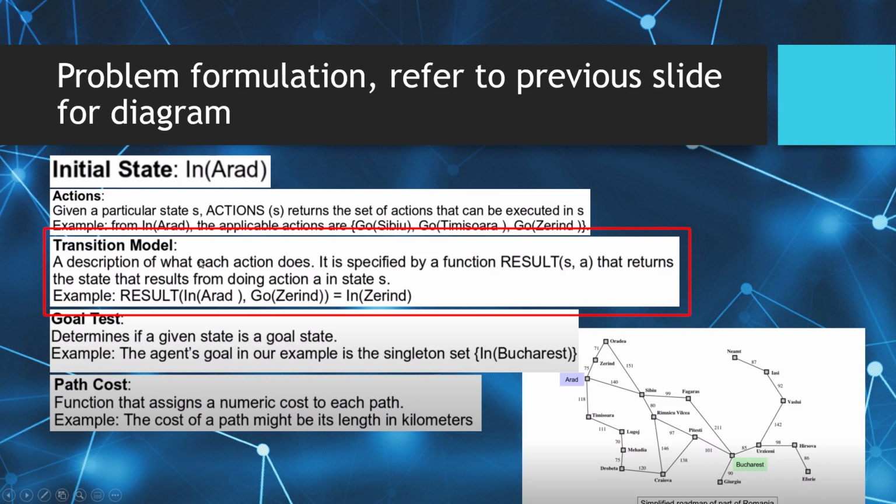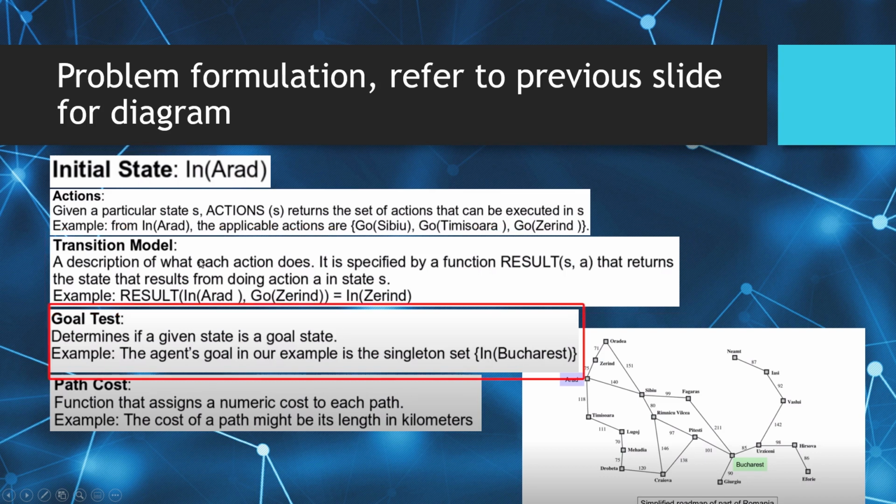And the fourth component of the problem formulation is the goal test, which basically determines if a given state is a goal state. In our case, the goal state is in the Bucharest area, because that was our goal to go there. So that's the function of an agent that tells it that it has achieved its goal, which was to go to Bucharest.